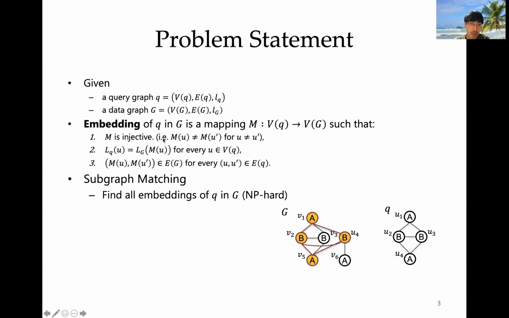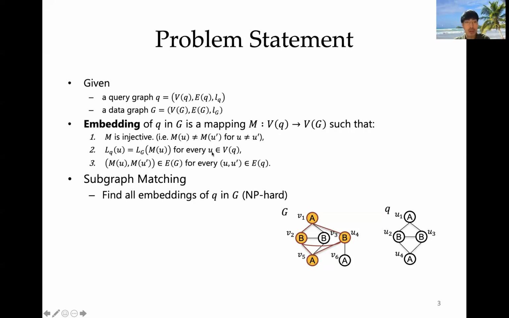For simplicity, we consider only undirected graphs with labels on vertices, but our approach can be extended to more general graphs. Given a query graph Q and a data graph G, an embedding of a query graph in a data graph is a vertex mapping M such that M is injective.